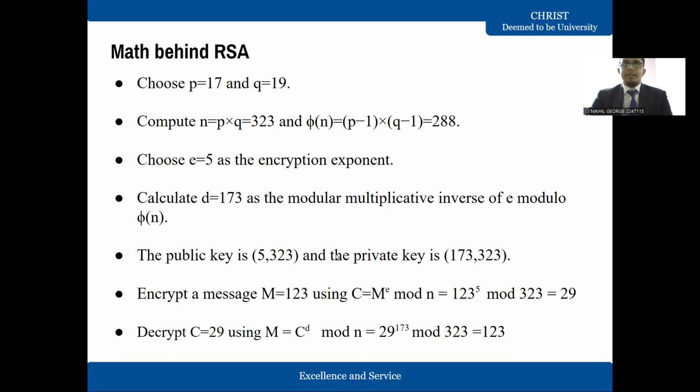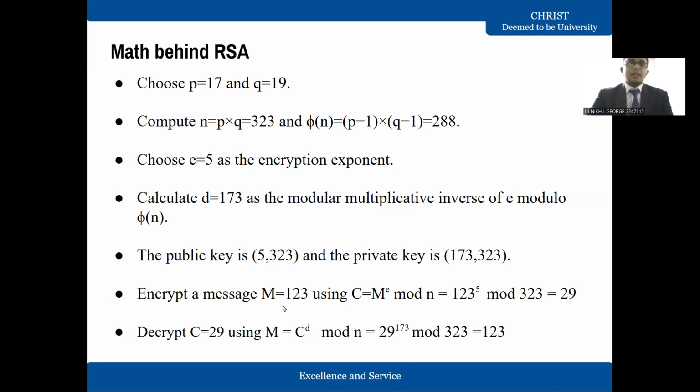In the same way, your private key will be 173 after you do the modular multiplicative inverse of E modulo Totient. So D is equal to E inverse modulo the Totient function. That's how you get the private key and the public key.